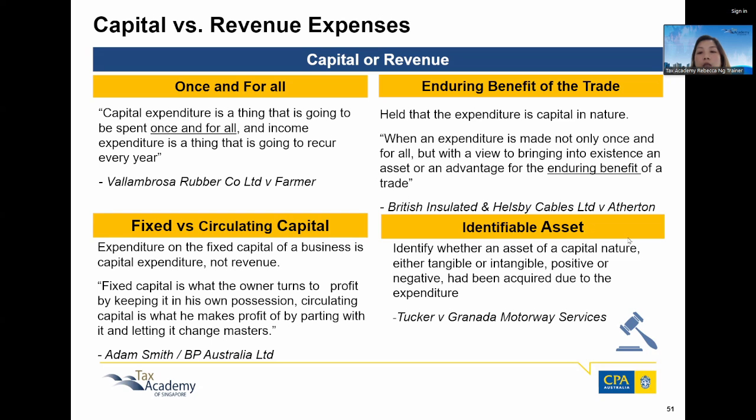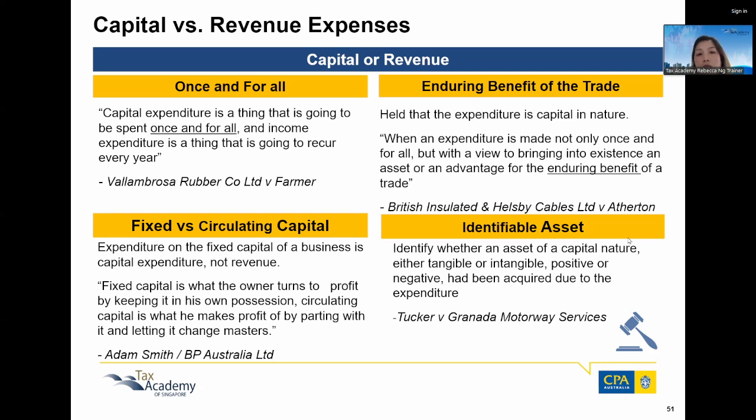We also look at whether there is any enduring benefit from incurring that expenditure. If the expenditure brings in an existence of assets and an advantage of enduring benefit for the future of the company, the expenditure will be capital in nature.